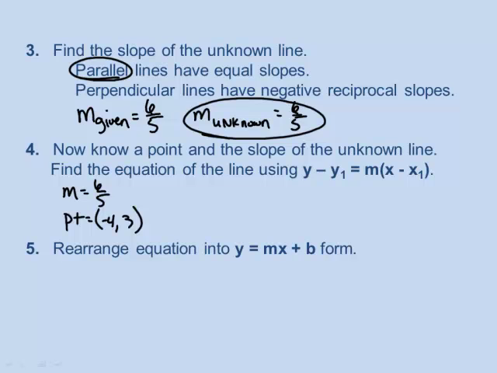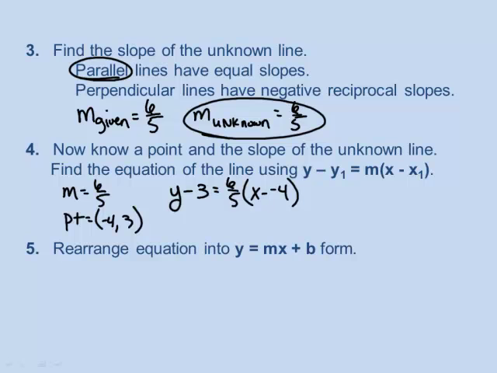So that's going to be our x1, y1 value. So we get y minus y1, which will be 3, is equal to our slope, which is a positive 6/5, times the quantity x minus x1, or x minus a negative 4.